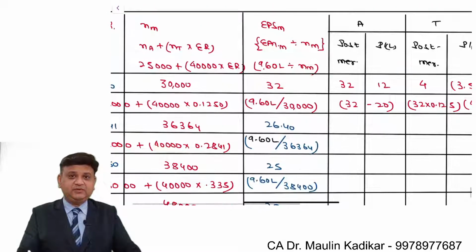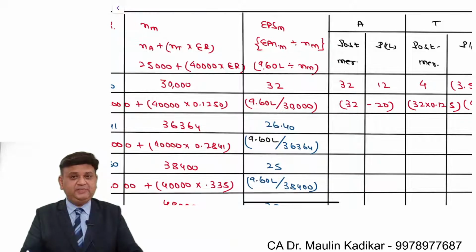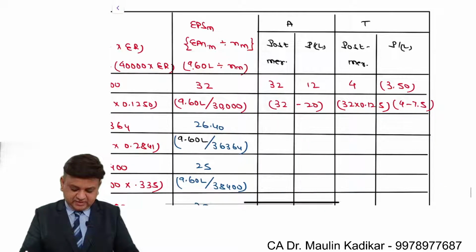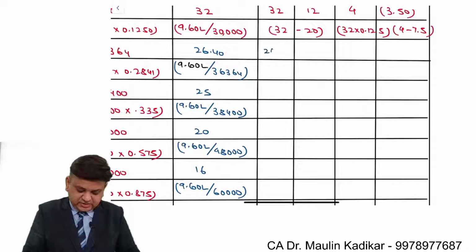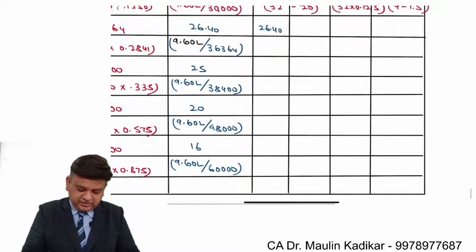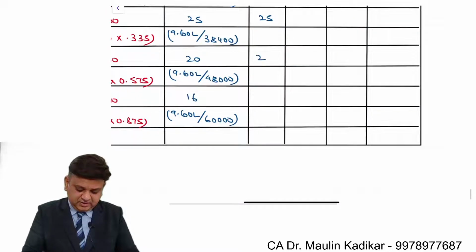Whatever is the EPS of the merged firm, itself is the EPS attributable to shareholders of the acquiring company. That is 26.4, 25 rupees, 20 and 16.